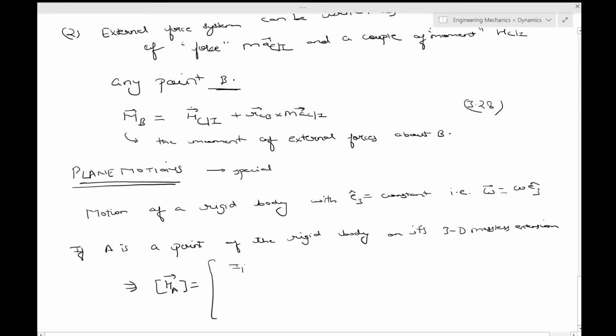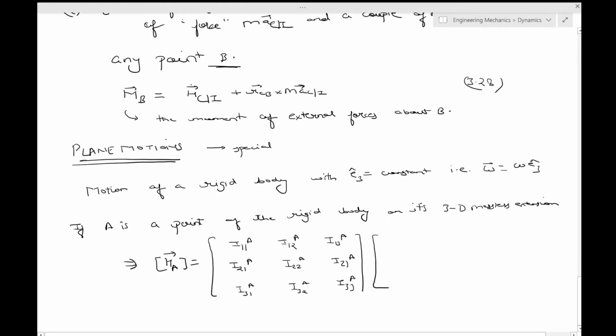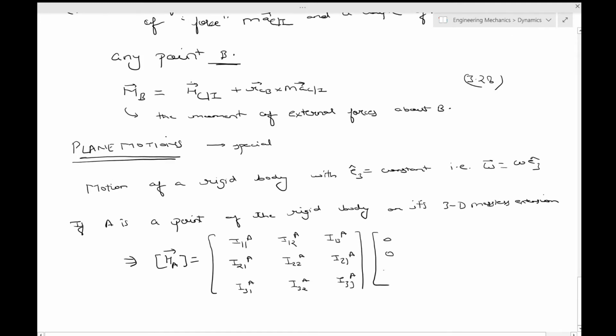So I11 of A, I12 of A, I13 of A, I21 of A, I22 of A, I23 of A, I31 of A, I32 of A, I33 of A. And omega over here is 0, 0, omega.